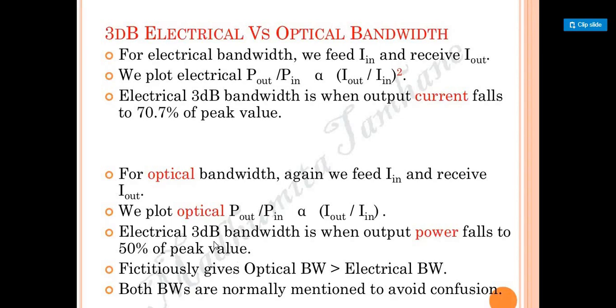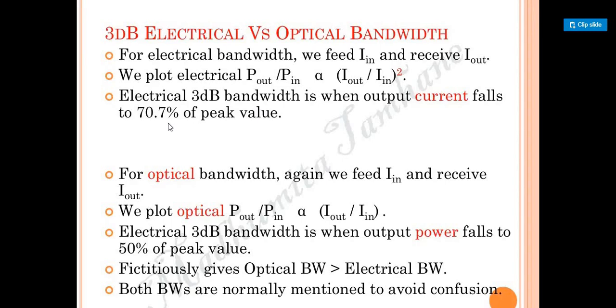Next, for optical bandwidth, again we feed I in and receive I out. We substitute these parameters and plot P out by P in, which is proportional to I out by I in. If you want to remove the square, we write it this way for the optical. Clear? Next, we can plot both the electrical and optical 3 dB. What is the electrical bandwidth we found, students?